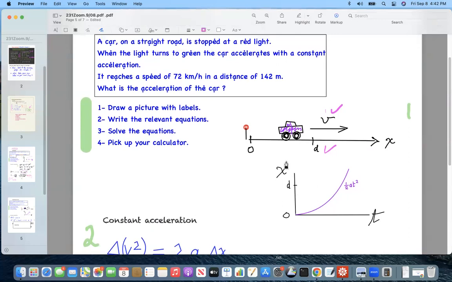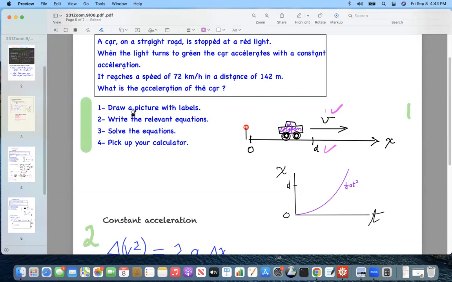In this graph, x is vertical, but in the problem x is along the ground. X is horizontal. T is not a direction. T is time. T doesn't have a direction. It's just time. And I know from Galileo that x will increase as t squared. So the graph will be a parabola.